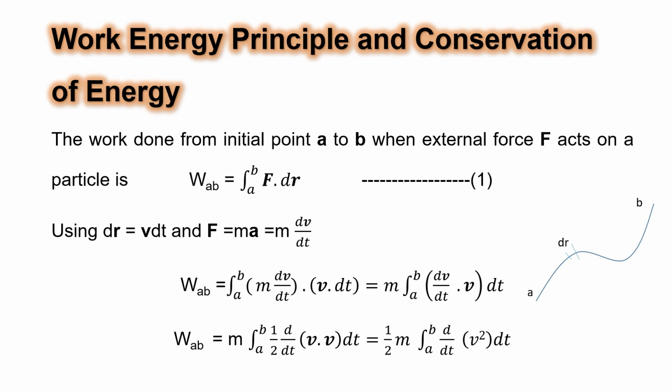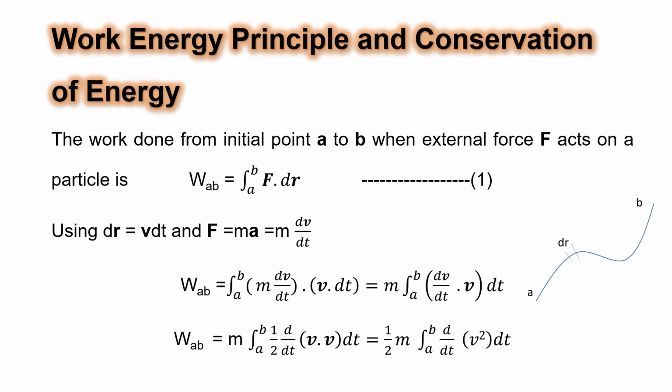So putting these values in the above equation, we get W_AB equal to the integral from A to B of m times dv over dt, dot, putting the value for dr, v dt. As mass is constant, we take it out of the integral, and we have dv over dt dot v.